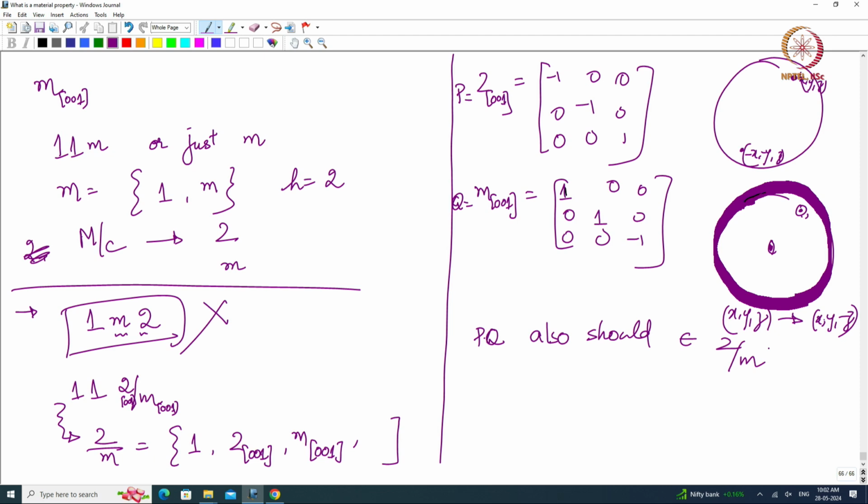Now, if I do P times Q, what do I get? I get PQ as an operator which is just minus 1 minus 1 minus 1 0 0 0 0 0 0. Okay. So that is nothing but an inversion operation, that is the 1 bar operation, right.